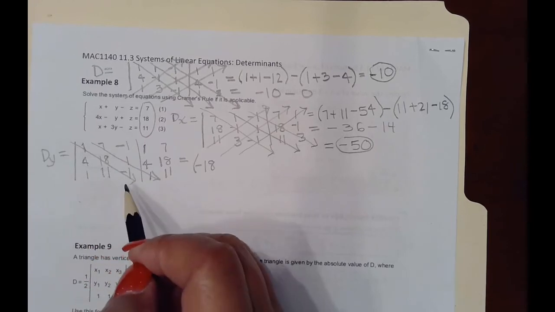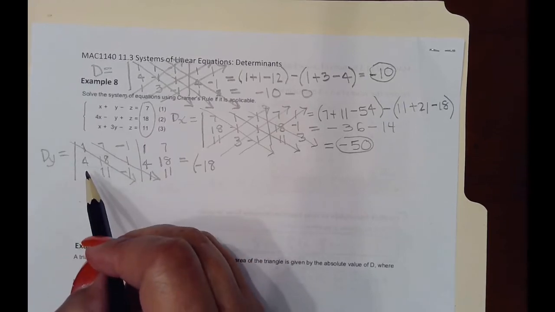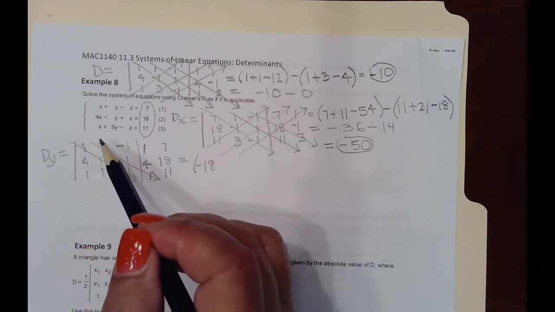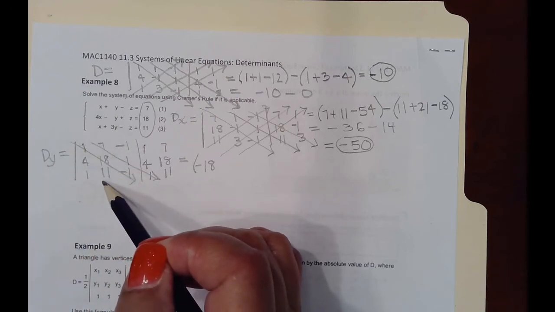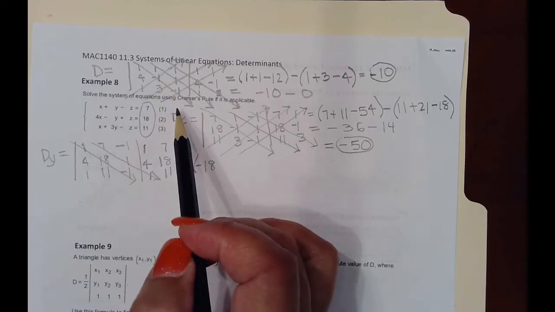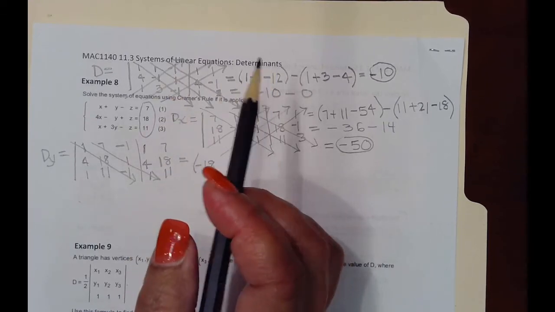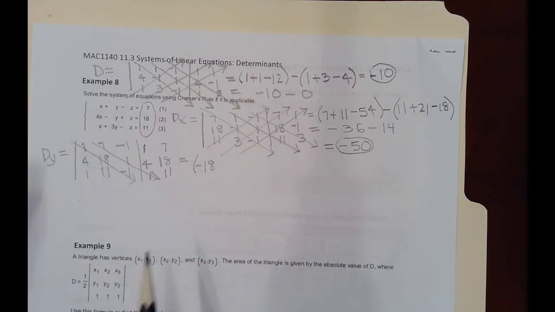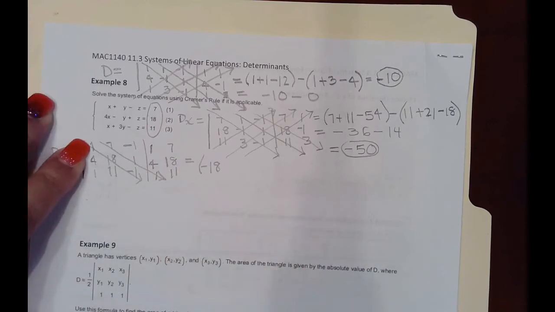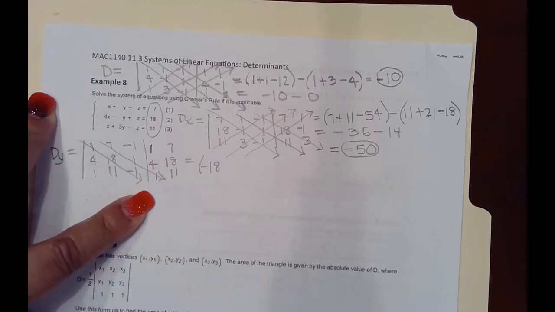I feel like I copied something wrong here, so let me just check this real quick. So it was 1, 4, 1, 7, 18, 11, and then that last column was negative 1, 1, negative 1. Okay, so I did copy these right. All right, so this was negative 18.